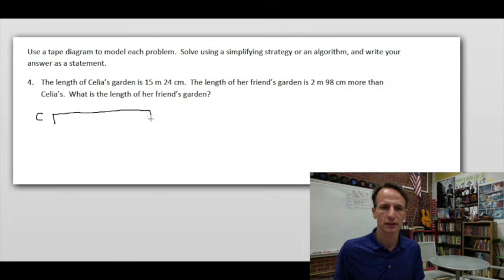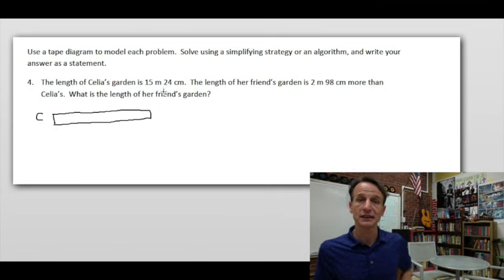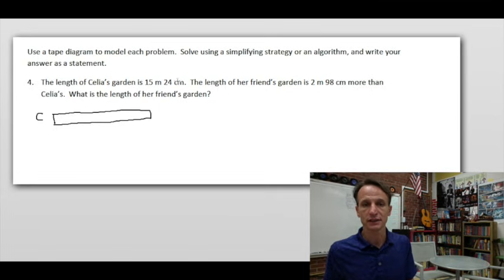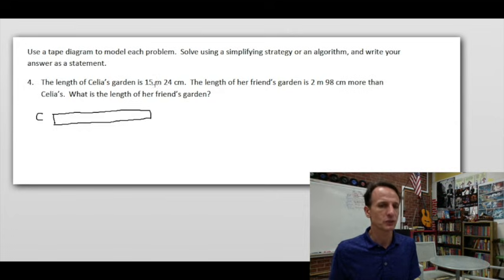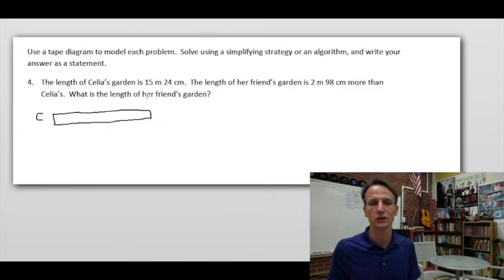Okay, here it is. And I'm going to do myself the favor. I know when I go to do the math that I'm going to want to have these all in centimeters, kind of our simplifying strategy here. So I might as well just do that now. Remember, we're talking about meters and centimeters, so our ratio is, like on a meter stick, 1 meter is 100 centimeters. So it's 1 to 100.